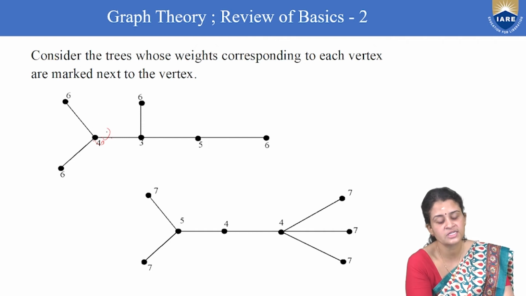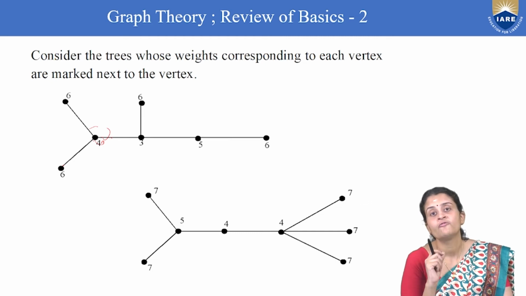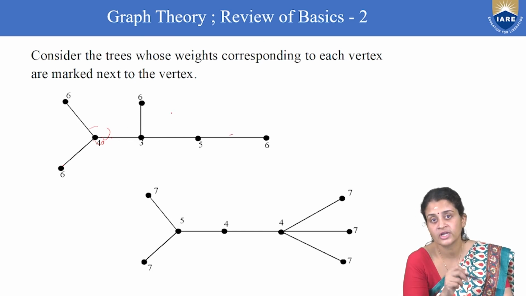If we consider this subtree only, it can be 1, here also 1, and this subtree consisting of these portions has weight 1, 2, 3, 4. The weight of the heaviest subtree is 4, so the weight of the vertex is marked as 4.